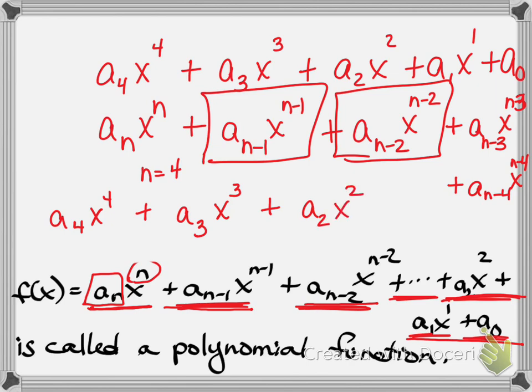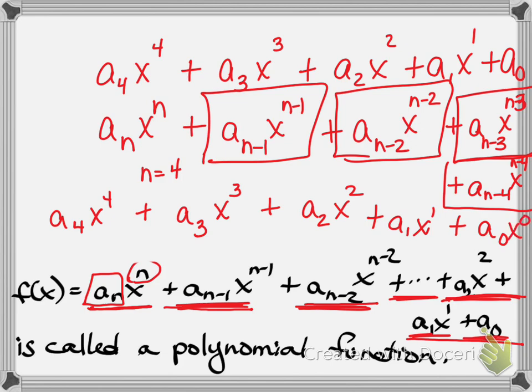Well, this one is 4 minus 3. And then this last one is 4 minus 4, which is where that a to the 0 comes from. And it's also x to the 0, and anything to the 0 power is 1. That's why they just end with calling this a to the 0.